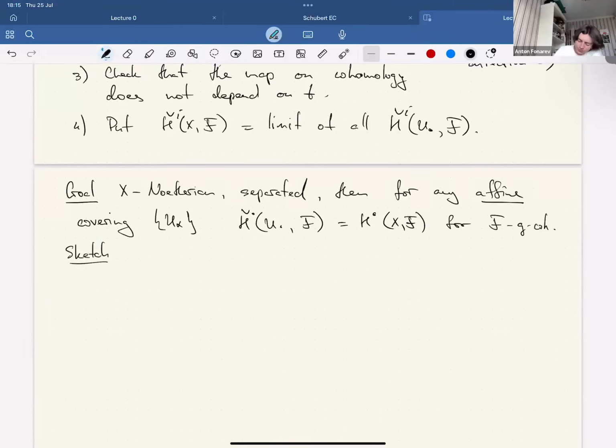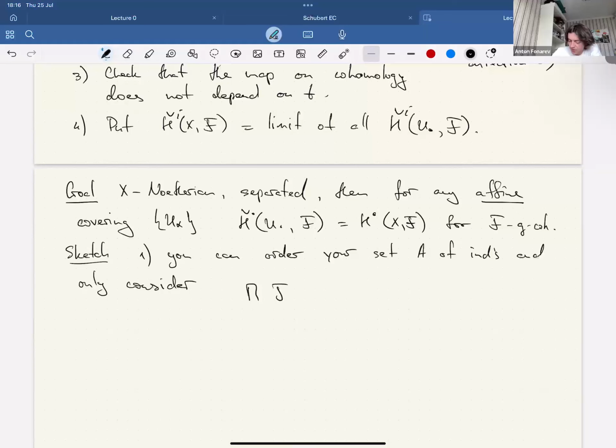And the first observation is you can order your set of indices and only consider the product over all F of U I naught intersected with U I n, where I naught less than I1 less than etc. less than I n.